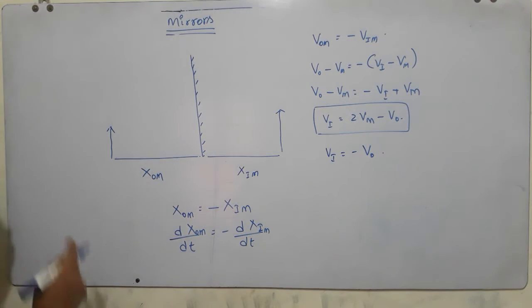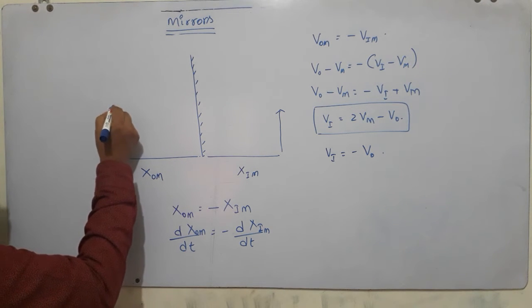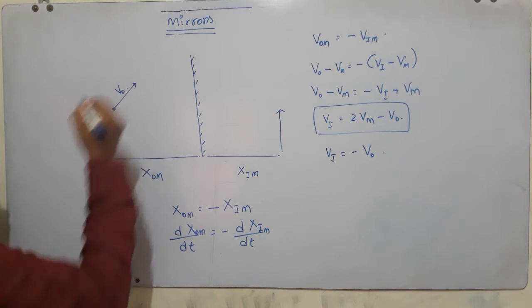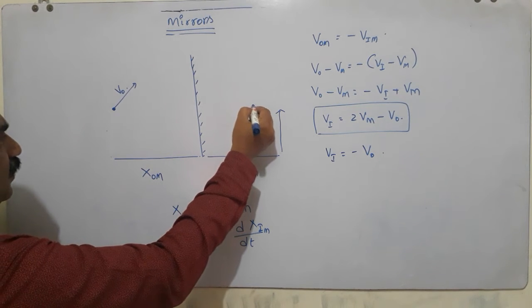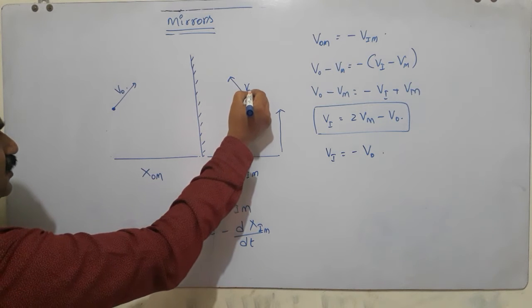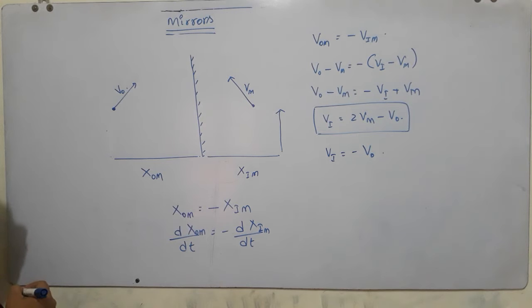For example, if there is an object in front of the mirror and it has a velocity vector like this, V0 bar, the image will move like this, with velocity Vi bar.